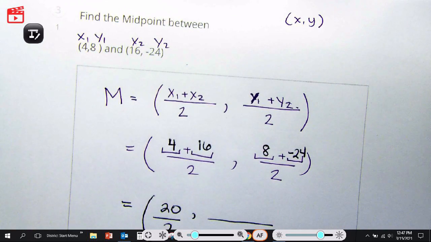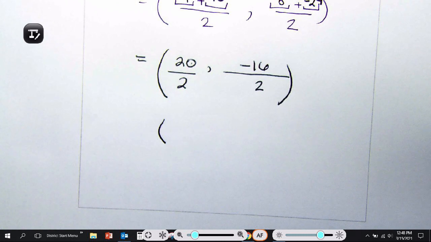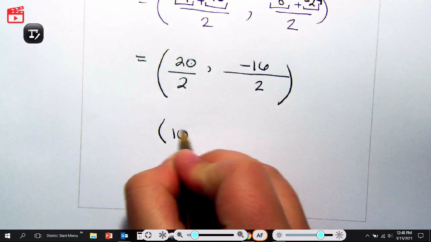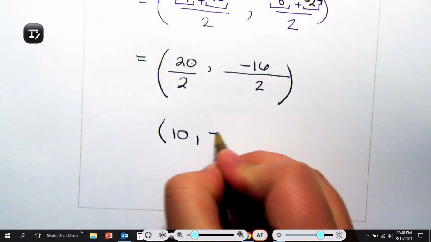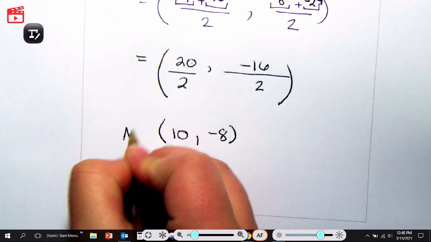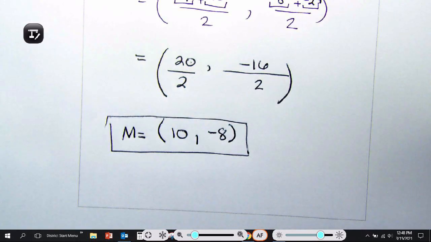And now I have 8 plus negative 24, that gives me a negative 16 divided by 2. Now I'm going to do 20 divided by 2, which is 10. And negative 16 divided by 2 is a negative 8. So the midpoint is located at 10, comma, negative 8.